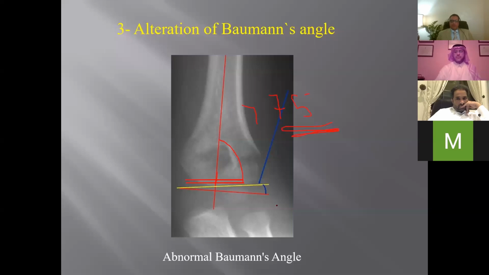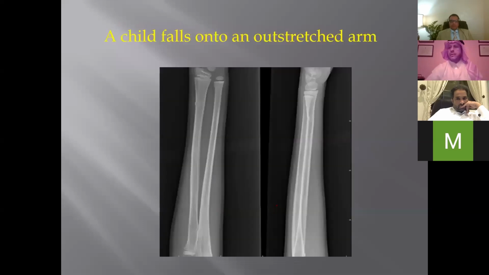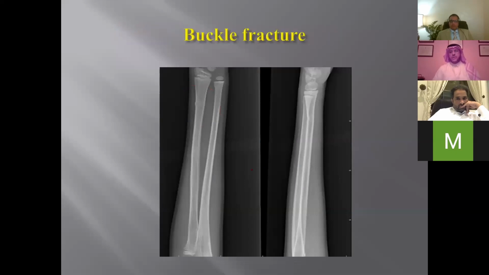Okay, good. So now, case 3. Another child falls onto an outstretched arm. As you see, there is some kind of abnormality here, and this is what we call a buckle fracture or torus fracture. This is one of the most common fractures in children.